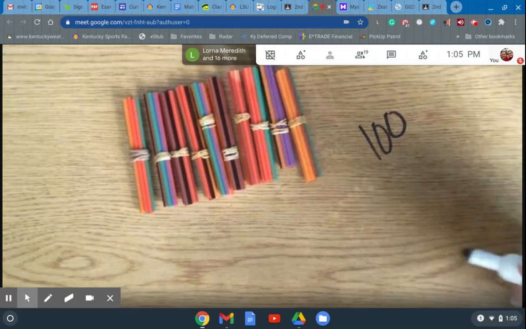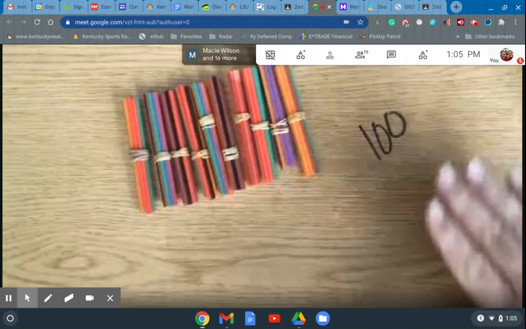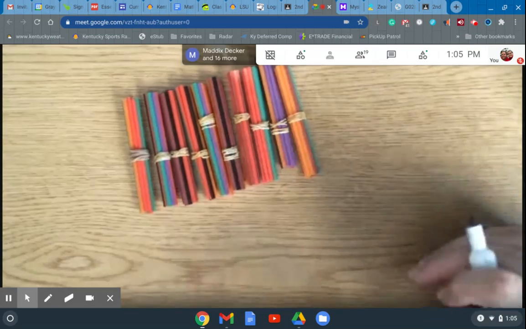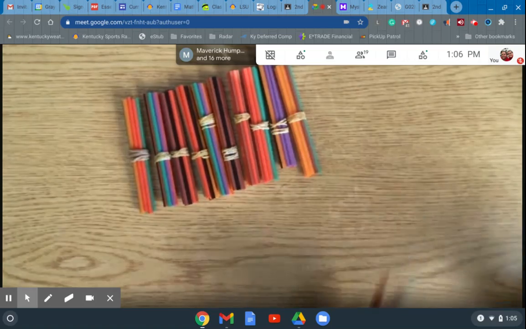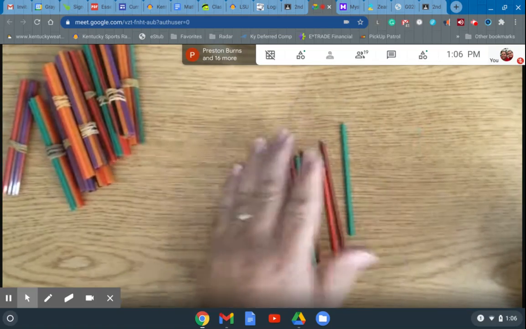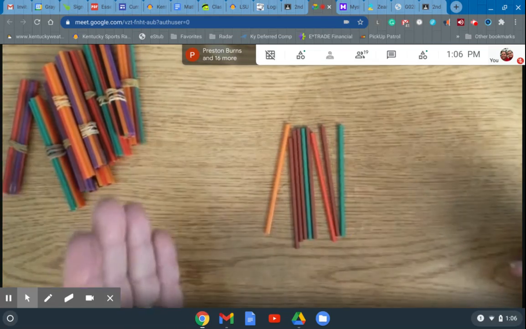10. There's 10, okay? Now remember back when we first started this whole lesson today, I had a bunch of singles or ones like these, and I asked, how could we count them? And I think it was Callie said, count them by tens.